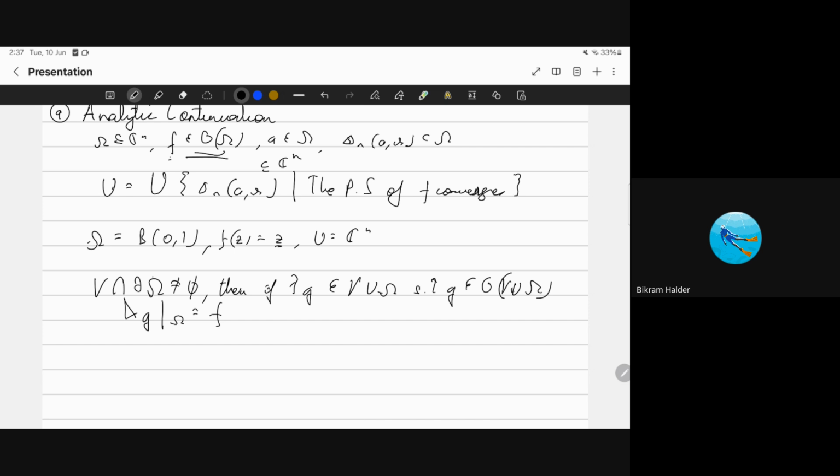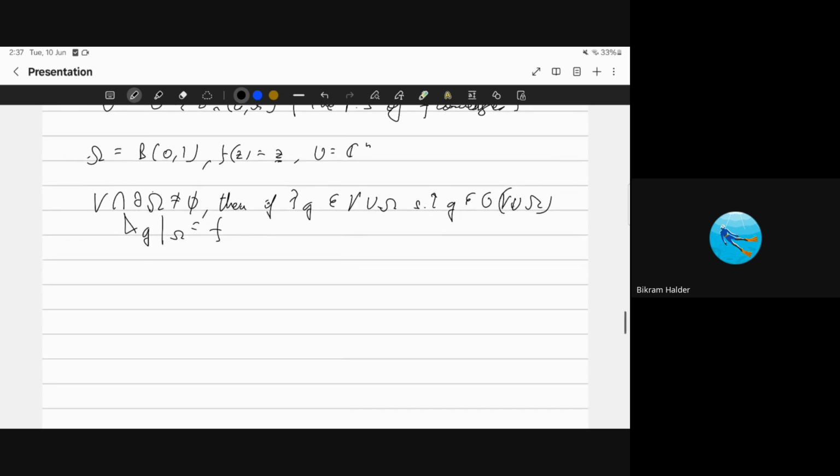That means the power series corresponding to f is converging even at points outside omega, in particular at points in V.